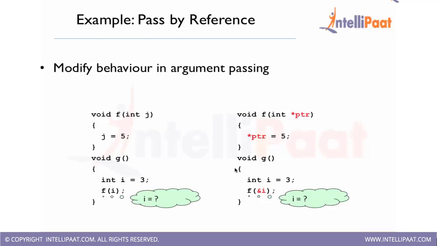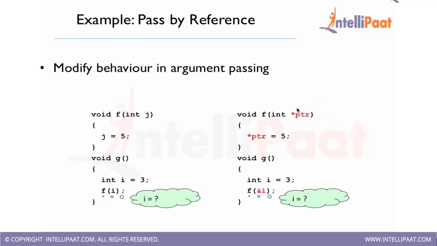This example shows pass by reference. We have declared a function f which accepts an integer pointer, and what we are doing is changing the value at address ptr to 5. When we are calling function g, I am declaring int i = 3 and calling f and giving the address of i.